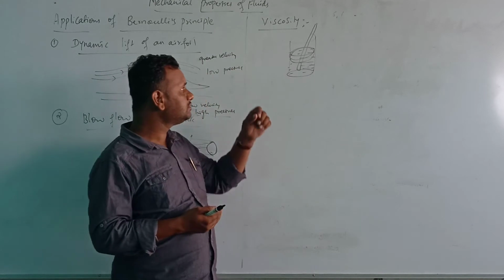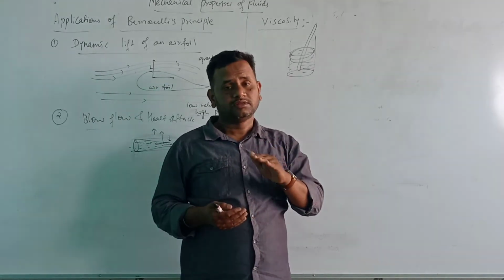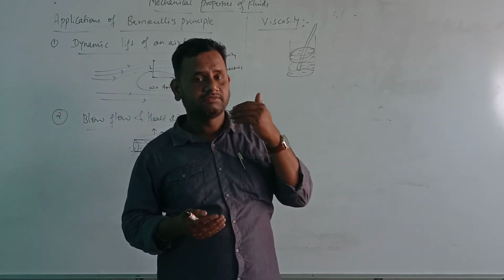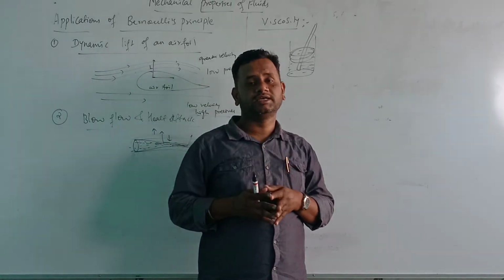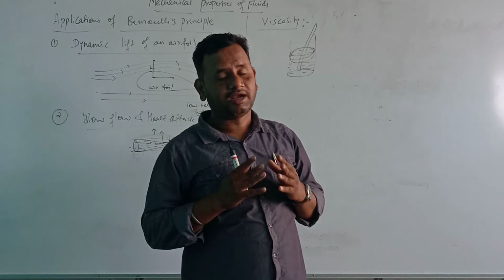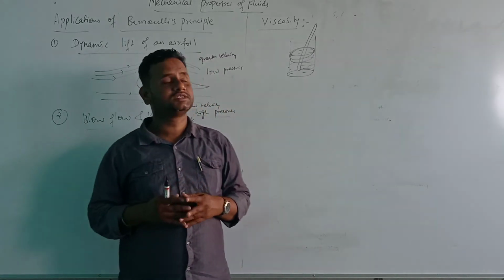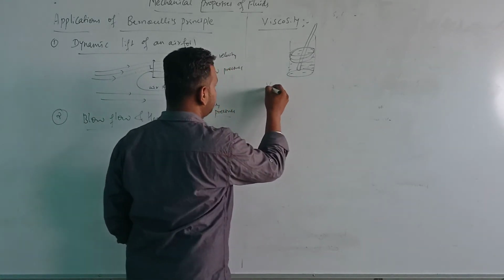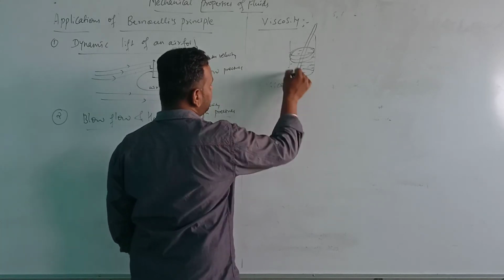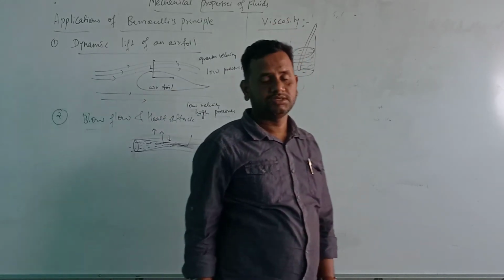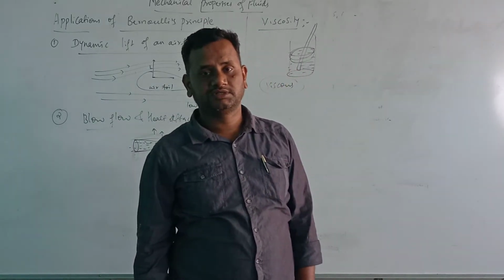So during this, we can observe that a force of friction is acting between the different layers of the fluid. That force of friction is called viscous. Such property is called viscosity.